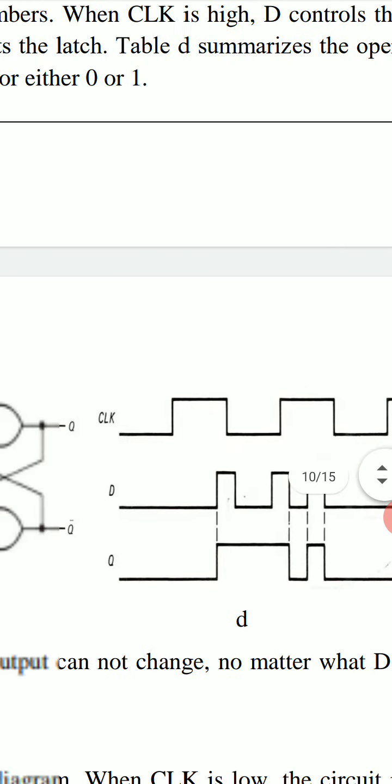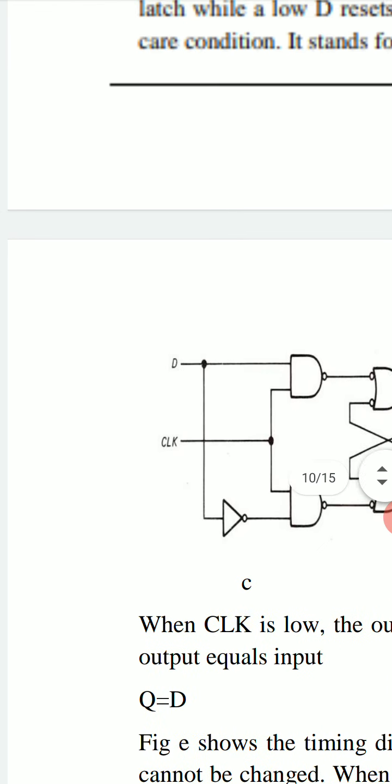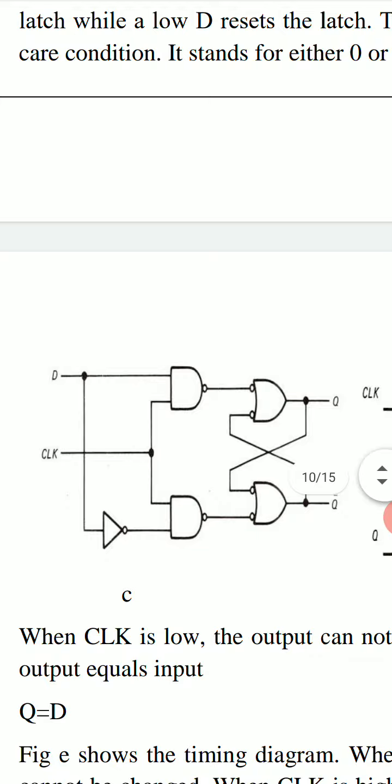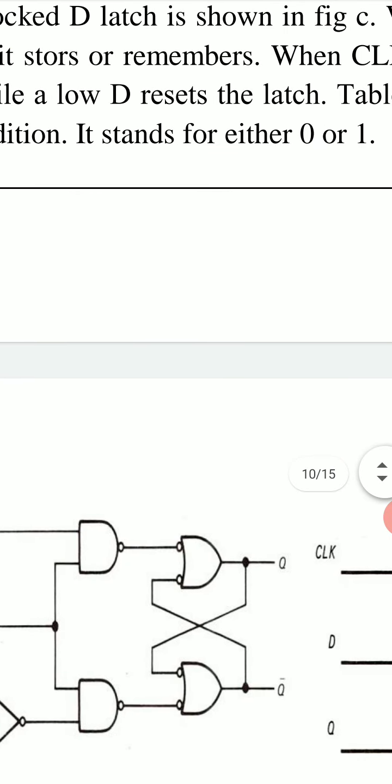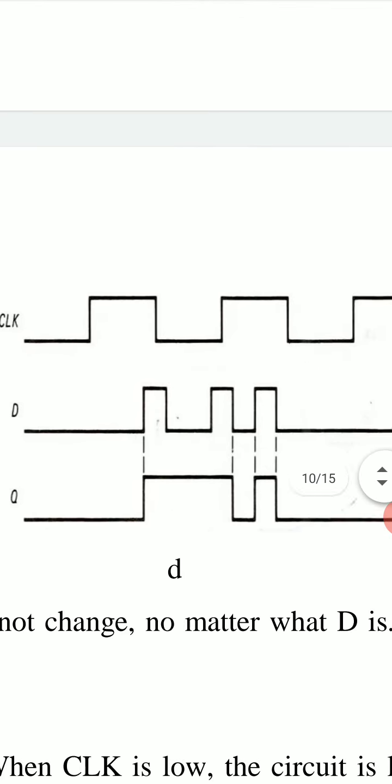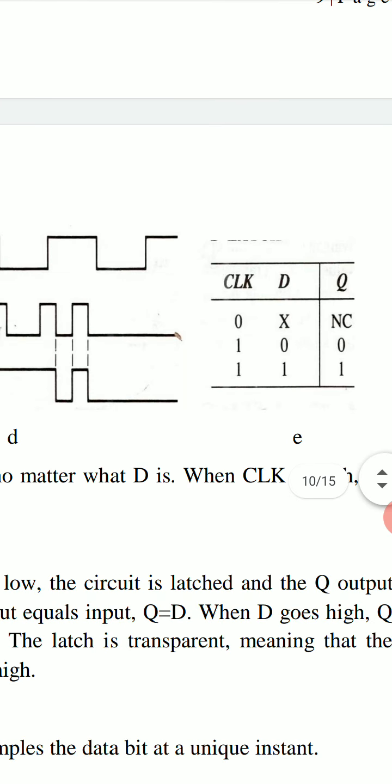X represents a don't care condition. It stands for either 0 or 1. This is the truth table for clocked D latch. If clock is 0, then whatever the input may be, either 0 or 1, output Q will be no change.